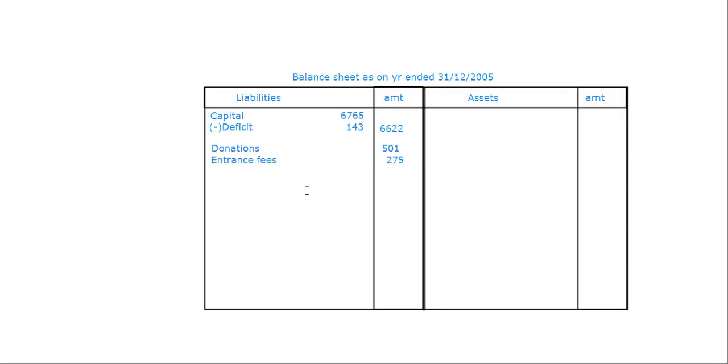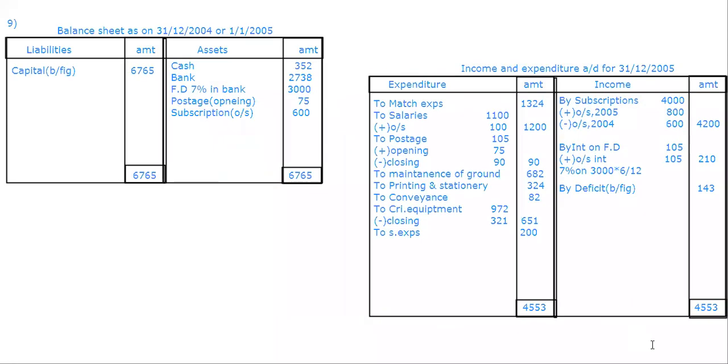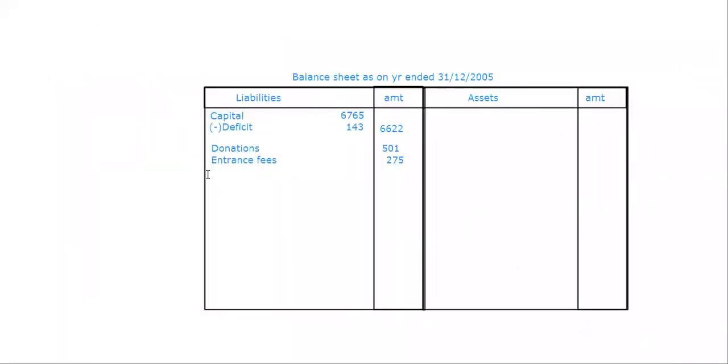Is there any outstanding expenses? Check, there is an outstanding salary, nothing else. Outstanding salary is a liability again. Outstanding salaries, how much? 100 rupees.